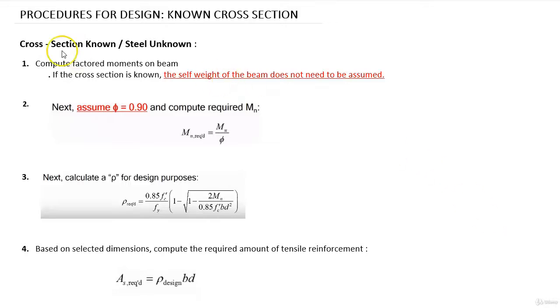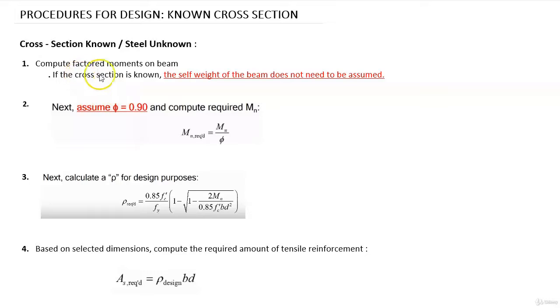The first step is to compute the factored moment on the beam. When we design for unknown cross-section, we assume the self-weight of the beam because we don't have its sizes. But for known cross-section, we don't need to make any assumption because we already know the size of the beam.